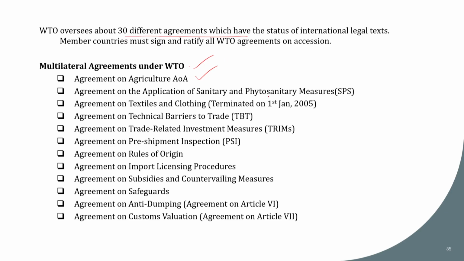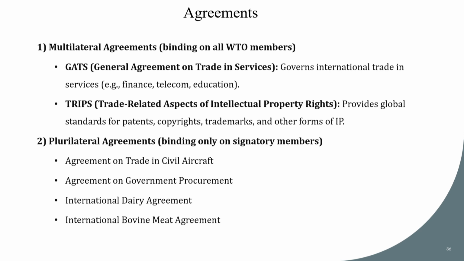Similarly, you can see sanitary, textiles, technical barriers to trade, customs valuation, anti-dumping. These are all different multilateral agreements under the WTO framework. So, overall, the agreements under the WTO can be categorized into two broad groups.